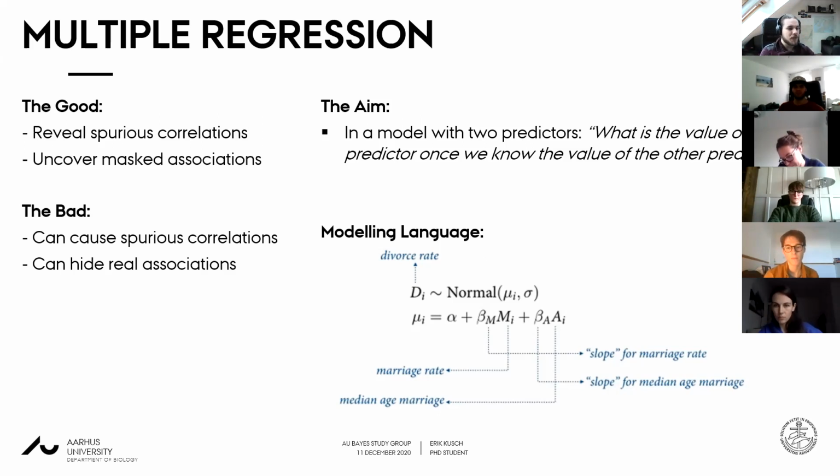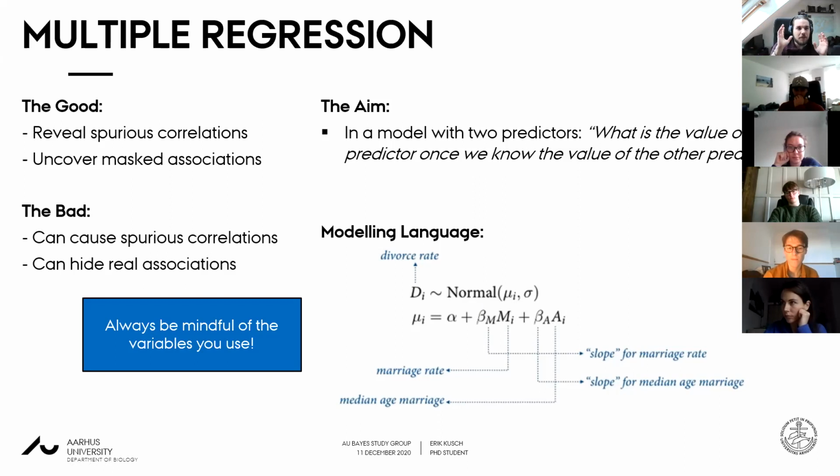So once I know the marriage rate, is there any more potential information to be gained in predicting divorce rate from now learning about the age at marriage? In modeling language, this is just another linear model description that we have down here, where we specify our models the way we have in the last few sessions, and then we just add slope parameters for each individual variable that we want to have as a predictor.